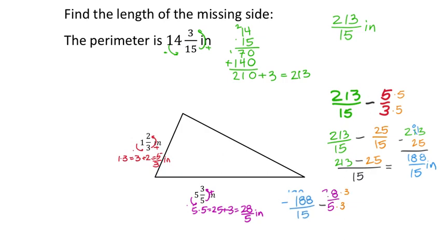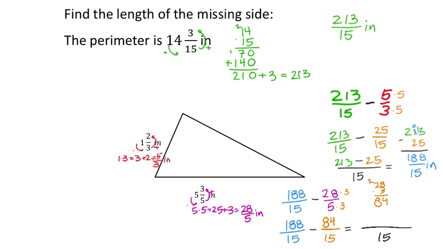Okay, and this will give me subtraction, 188/15 minus, though, I can do the denominator first there. 5 times 3 is 15, right? We wanted that to match. But 28 times 3, I can't do that in my head. So I'm going to have to multiply that out. 8 times 3 is 24. Carry the 2. 3 times 2 is 6, but add the 2 is 8. So that's 84/15.